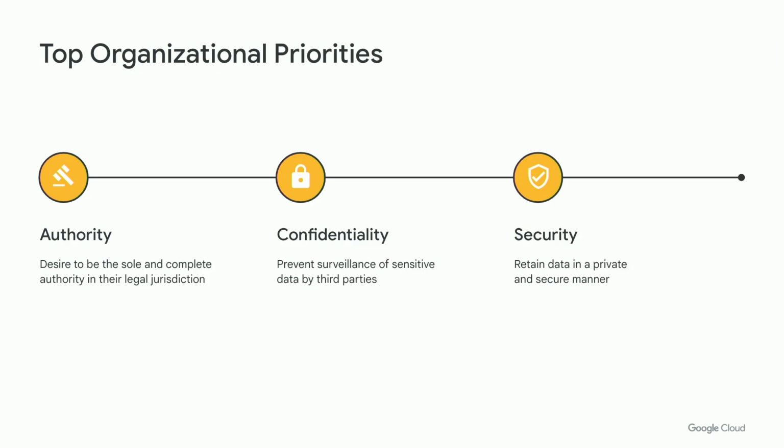In terms of confidentiality, organizations are looking to prevent unapproved foreign access to their data. Lastly, organizations want persistent security and privacy of their data. You cannot have sovereignty without security. So enabling end-to-end security without any compromises is an absolute must-have.